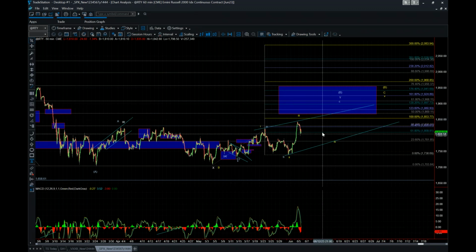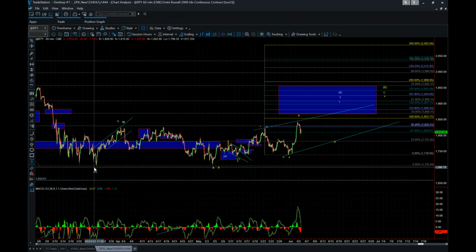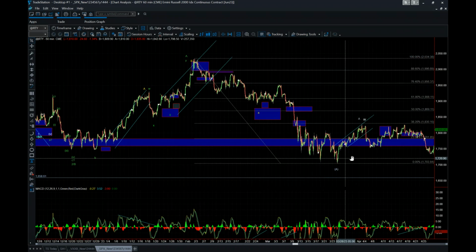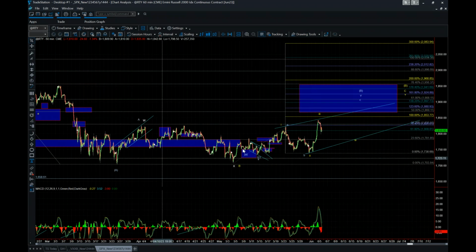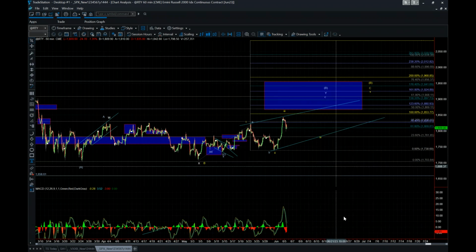As far as the Russell is concerned, again, sloppy action since the lows were struck back in March here, and going back even further. This looks like it may be tracing out a triangle, but it's just really, really sloppy.